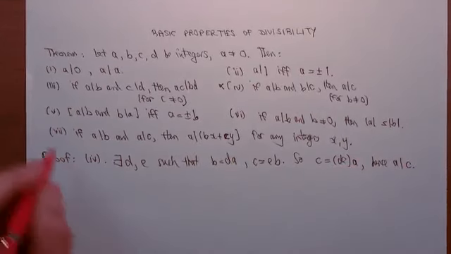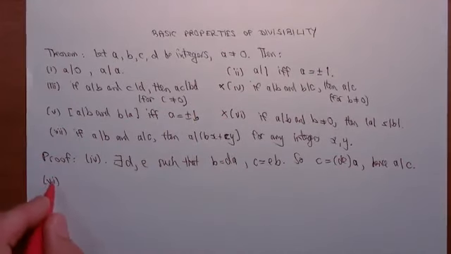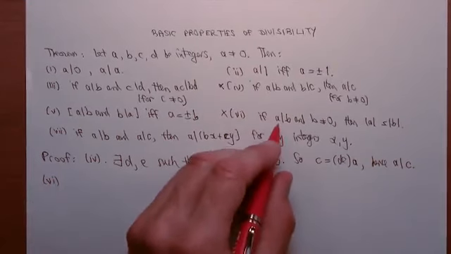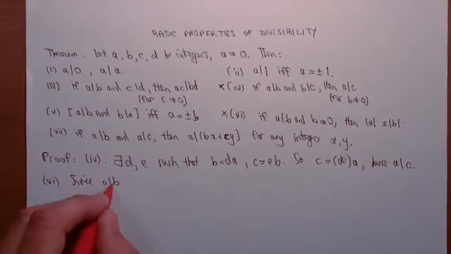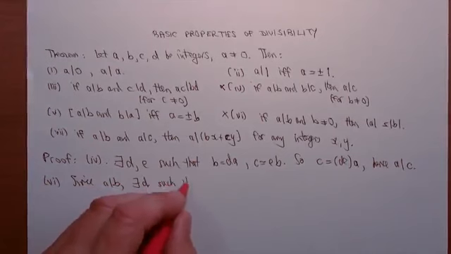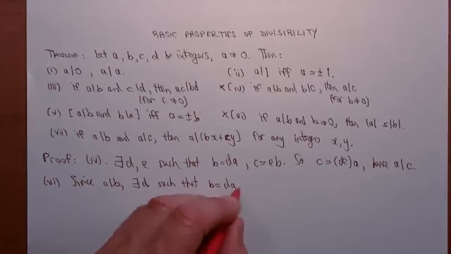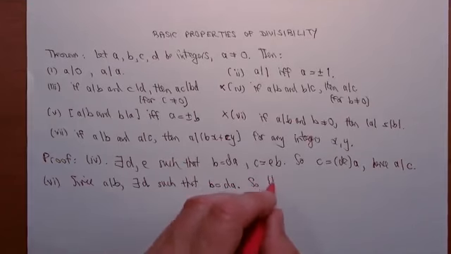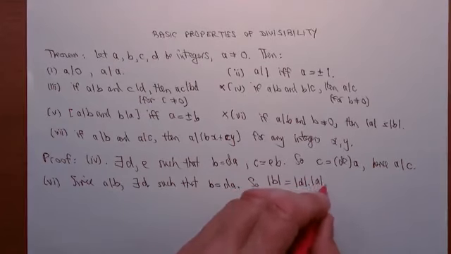Let me do one more. Let me do 6. Okay, so a divides b, so that means, since a divides b, there is a d such that b equals da, in which case, taking absolute values, the absolute value of b equals the absolute value of d times the absolute value of a.